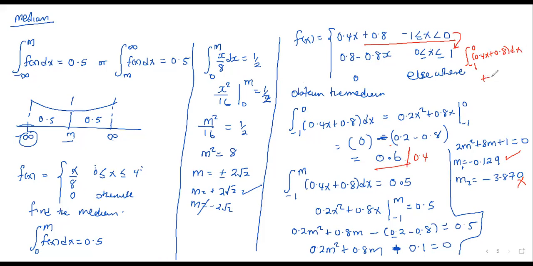Then you add on from 0 up to the median of 0.8 minus 0.8x dx. It should sum up to 0.5. So you would add it on indirectly by not investigating this one. As long as you investigate this first one and the answer you get is less than 0.5. If it is equal to 0.5, it is okay. But if it is less, then you have to go to the next interval.